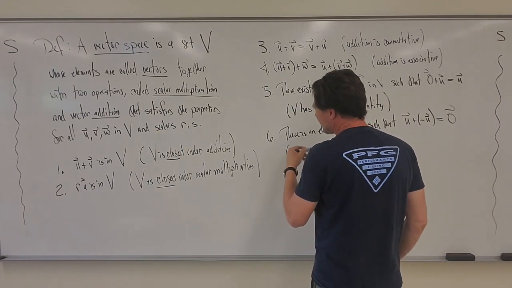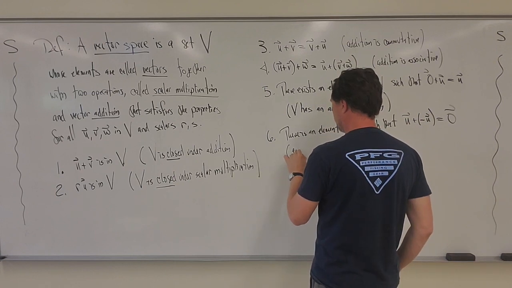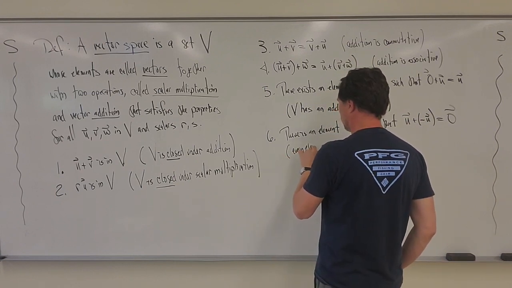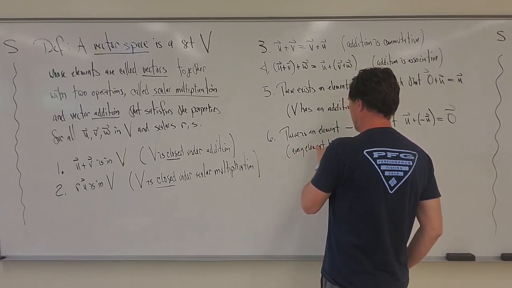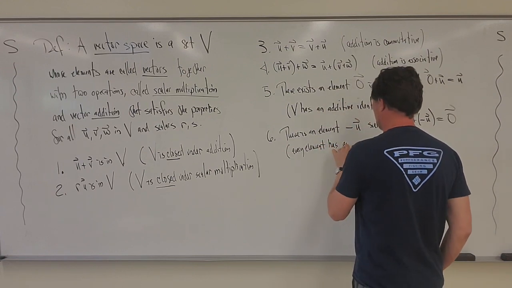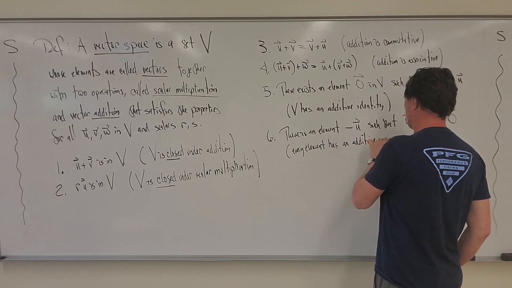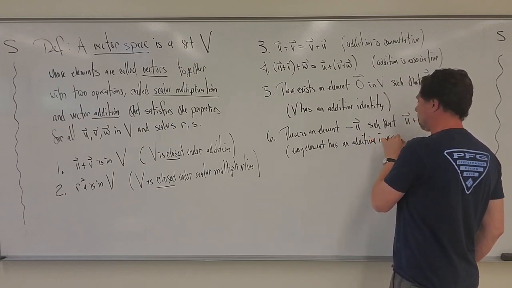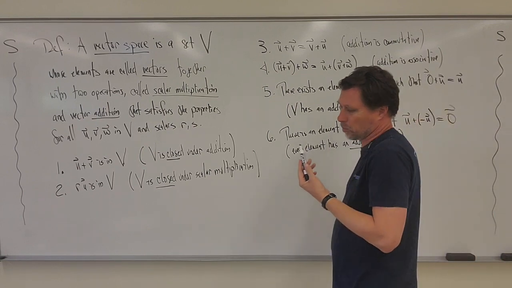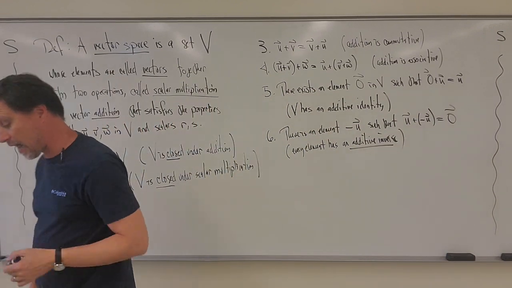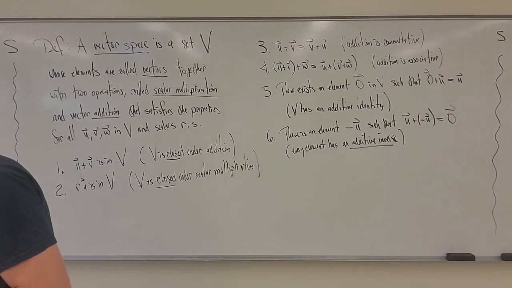You can say this in words, every element has an additive inverse. That's a special word for saying it's got a negative. Okay, so that was property 6.